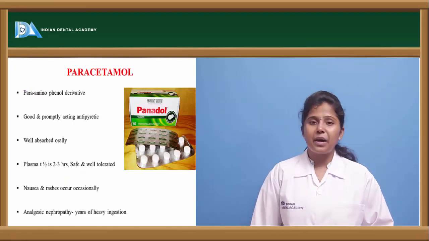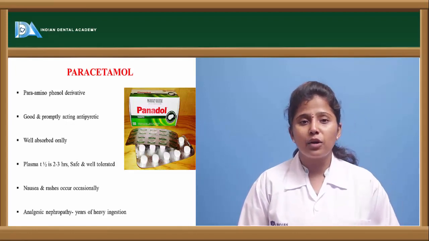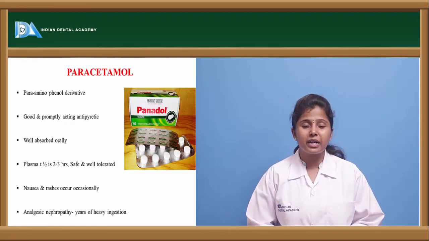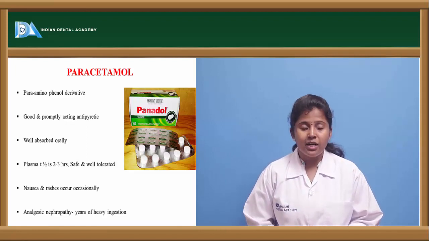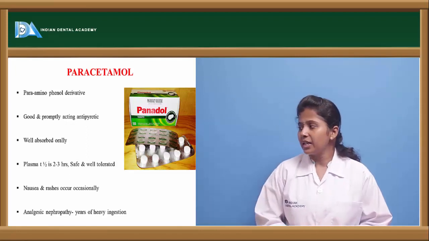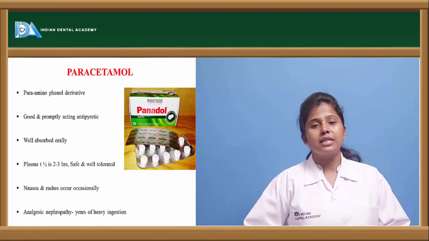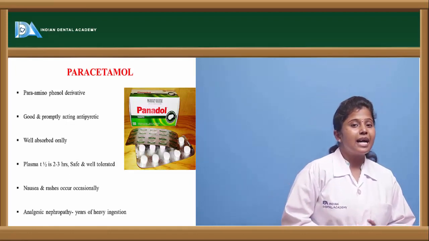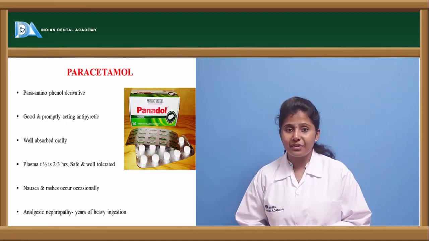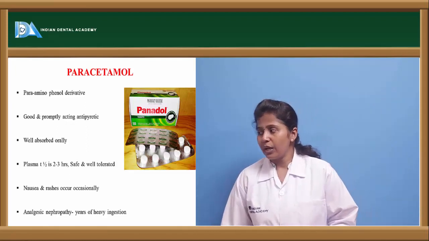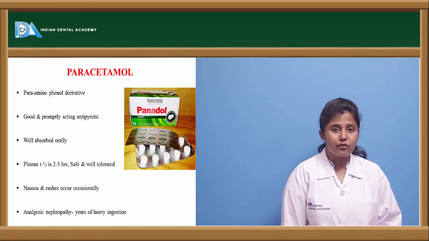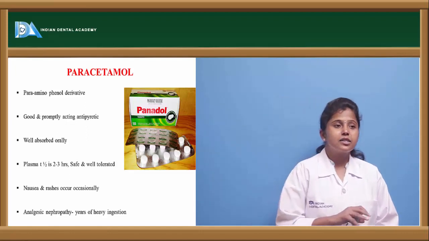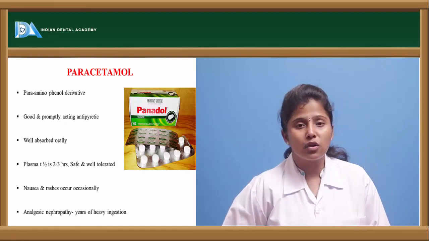The other one is paracetamol. Paracetamol is a para-aminophenolic derivative. When compared to analgesic action, it is a better antipyretic. It lowers the fever more than the pain, and it is well absorbed orally, and the half-life of paracetamol is about 2 to 3 hours, and it does not cause any tolerance.